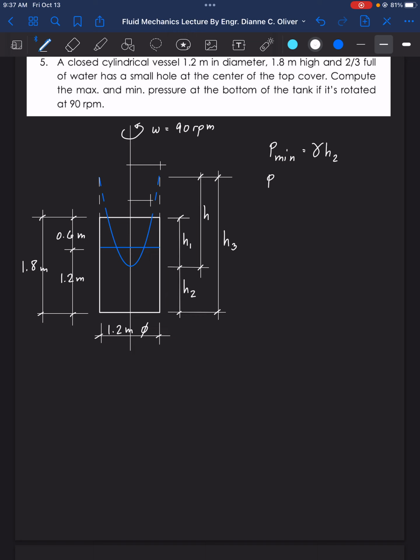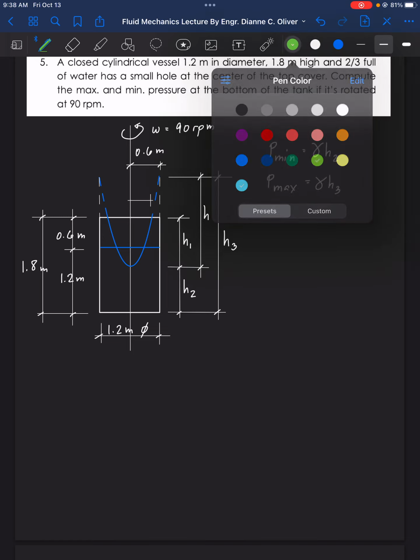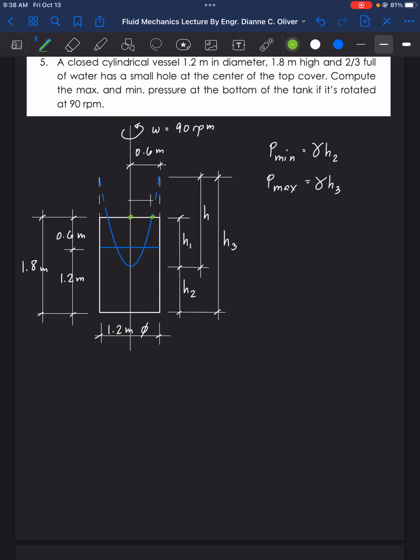We need the H3 for P max, gamma H3. So this is the 0.6 meter radius, and this is for the smaller radius. This is R1.